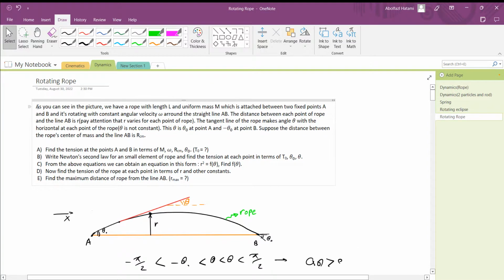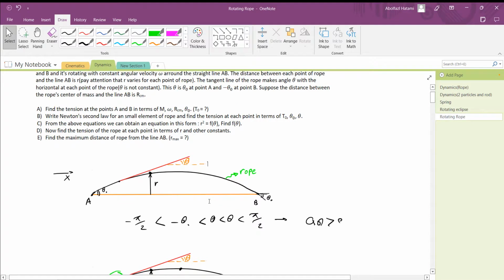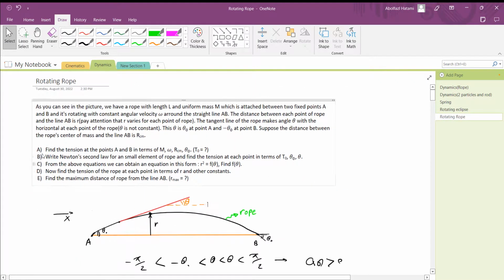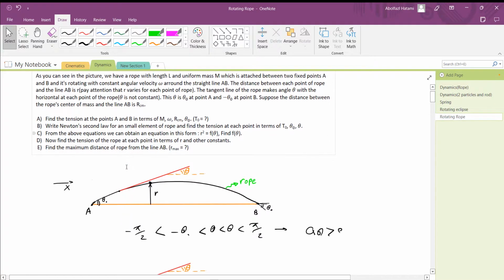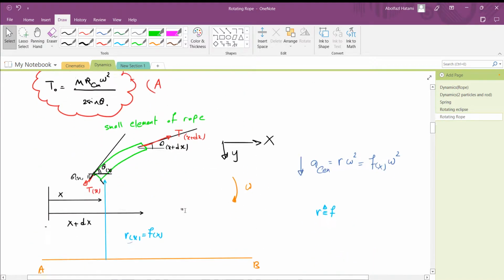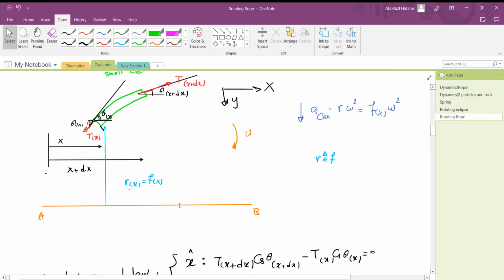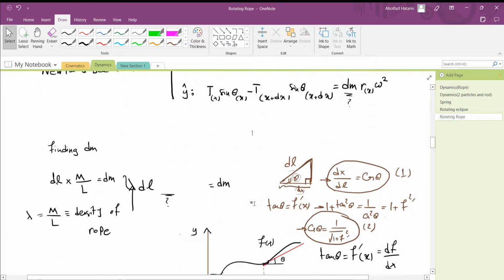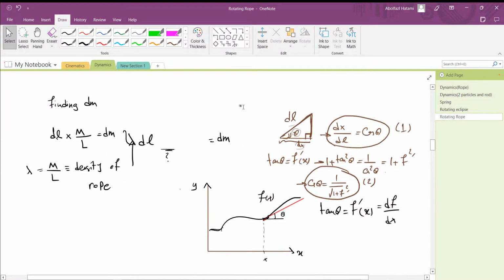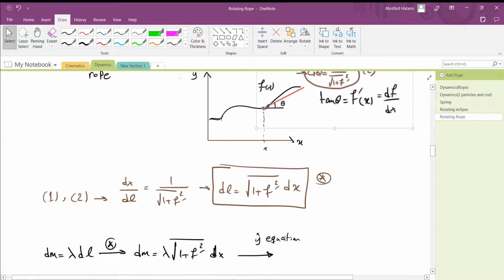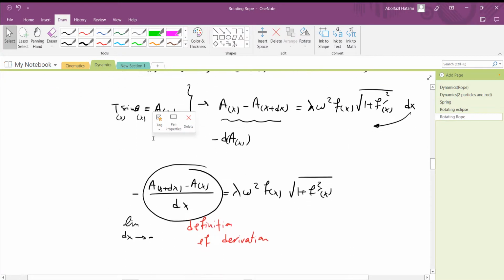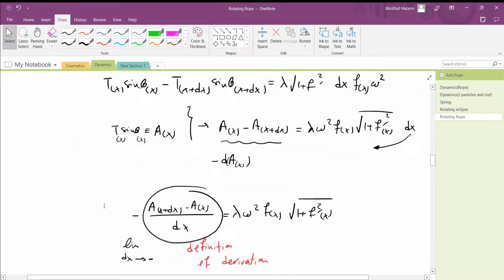We solved this problem, and the positive note of this question was part B, that we should take a small element of rope and write Newton's law for that small element, and do some calculus and geometry to find the equations in both directions, and find the length and the mass of this differential element, so that we can obtain two differential equations.